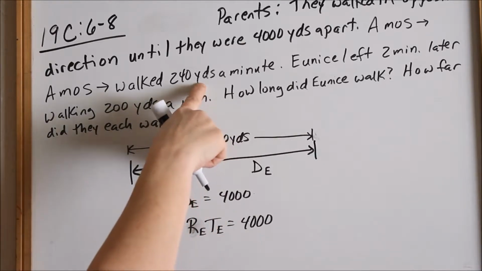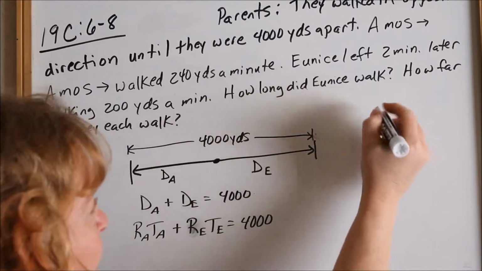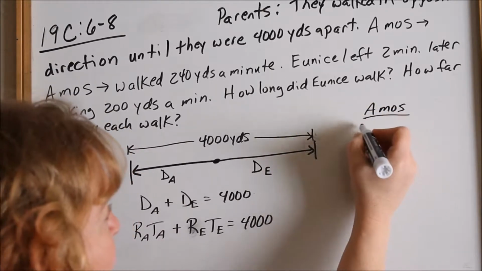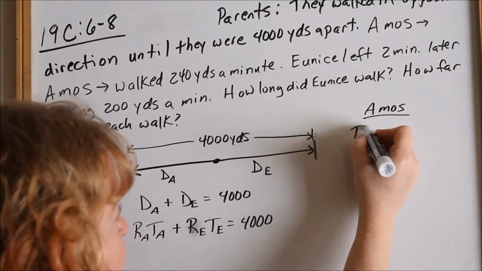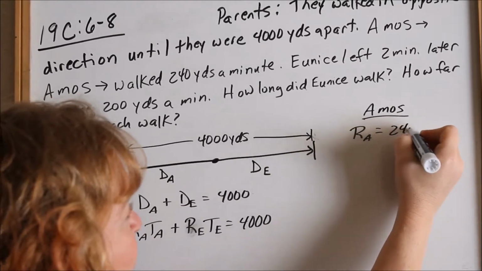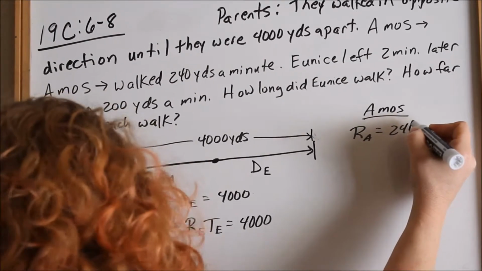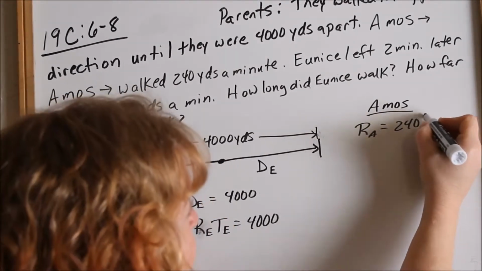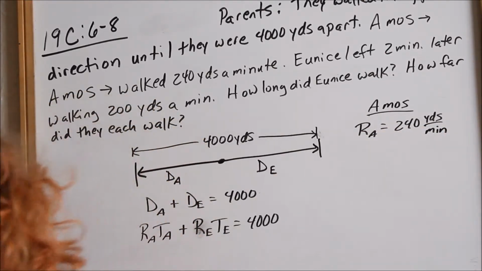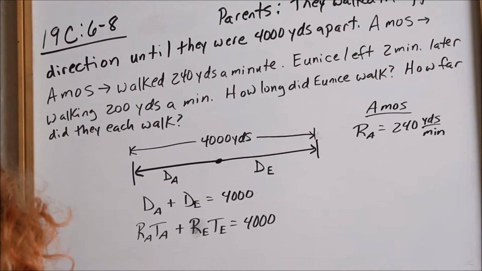So that's Amos's rate. So I'm going to come over here and write all my information that I know about Amos. Alright, so we know that Amos's rate is 240 yards, and when you say a minute, that's like a fraction, yards per minute.